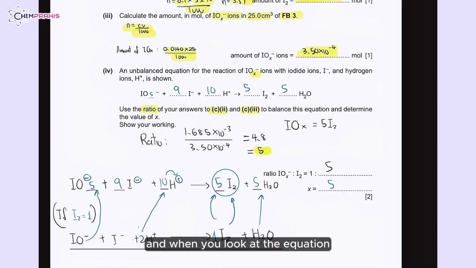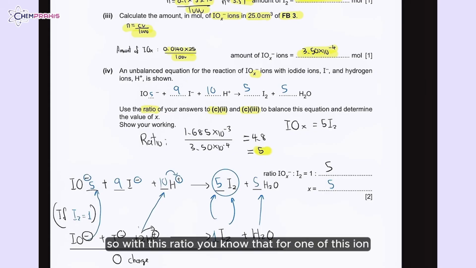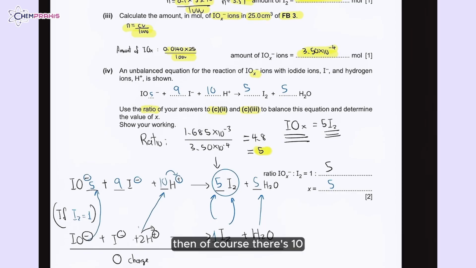And when you look at the equation, you realize something: the charges here are balanced out, meaning the total charge is 0. So with this ratio, you know that for one of this ion, you have 5 iodine. So just put in 5 iodine, then of course there's 10, so you just add it like that.